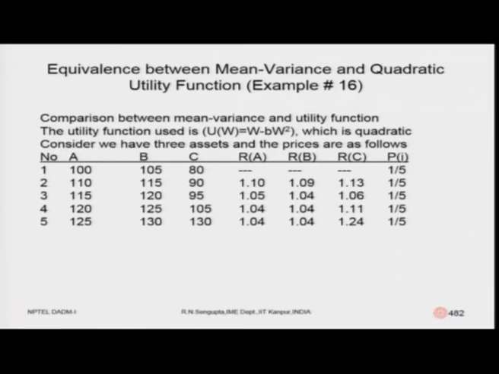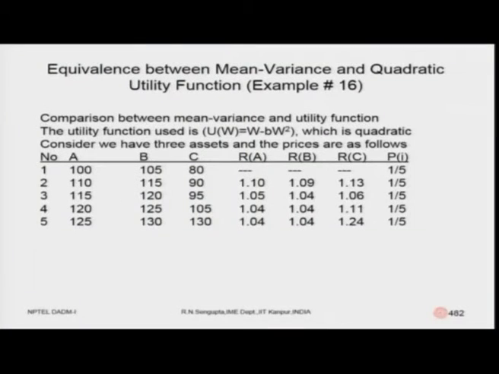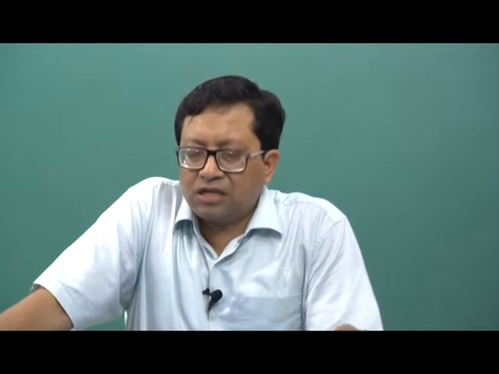So, let us consider the concept of utility, but now it is a quadratic one, and here is the important concept, mainly from the investment point of view or decision sciences: the comparison between mean variance and utility theory. The utility function is quadratic, which is W minus B W square, where B can be any value. On one hand I am trying to find the returns based on the investments or decisions I am making; on the other hand I am trying to find the expected value based on the fact that the utility is quadratic.